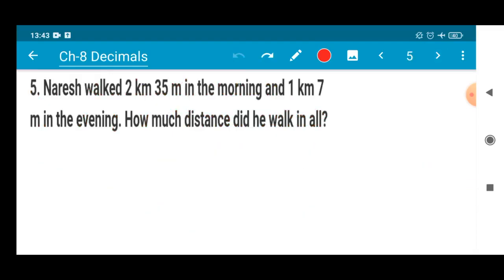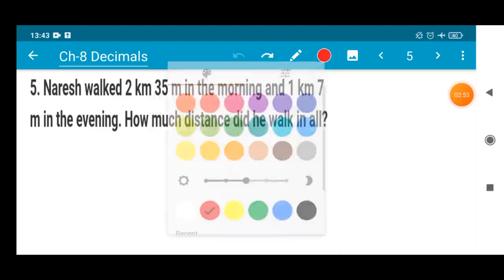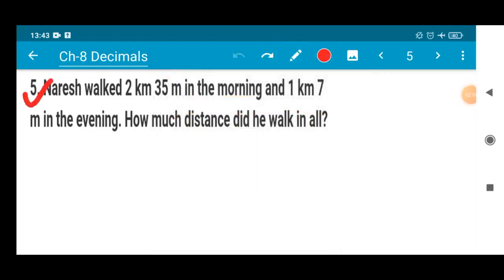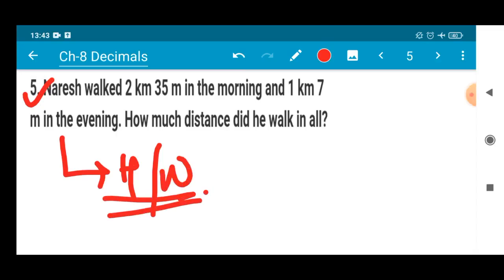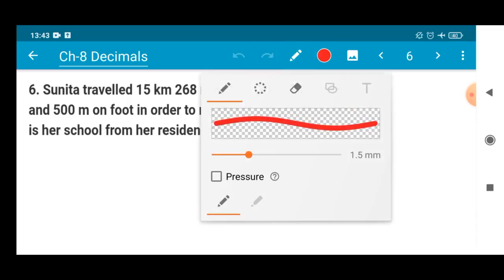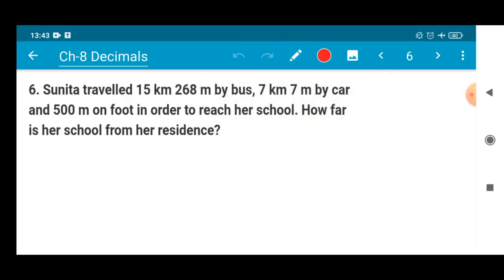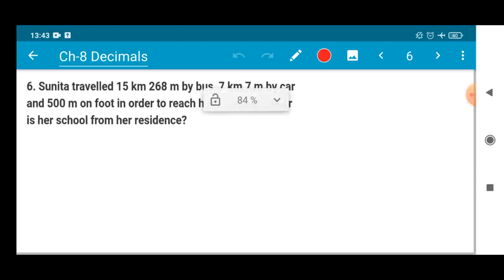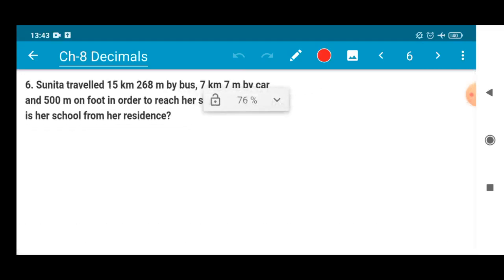Alright. So similarly we have the next question, that is question number 5. I request you all to do this yourself, because it is very much similar to that of question number 5. Okay, now let us start doing question number 6. It states that Sunita traveled 15 kilometer 268 meter by bus, 7 kilometer 7 meter by car, and 500 meter on foot in order to reach her school.